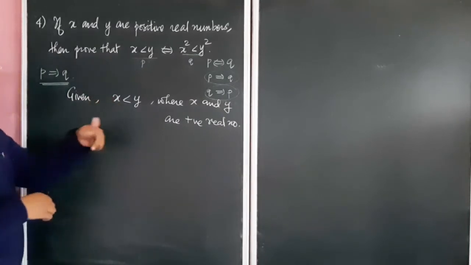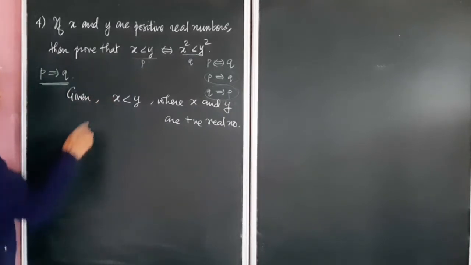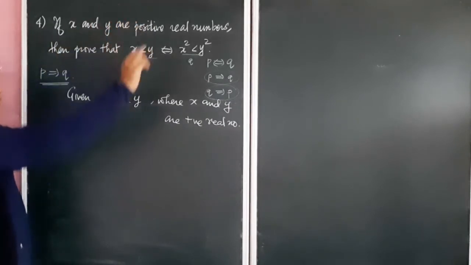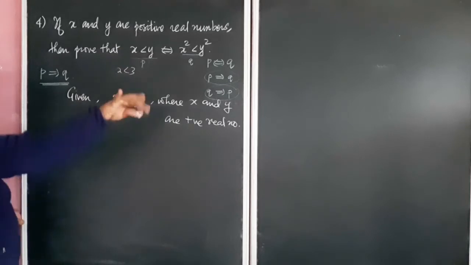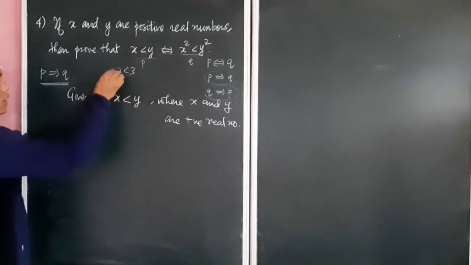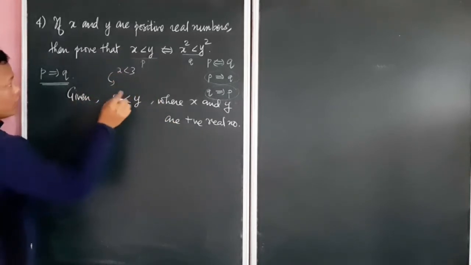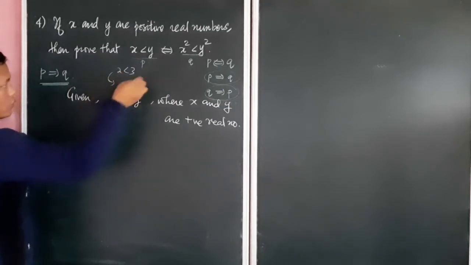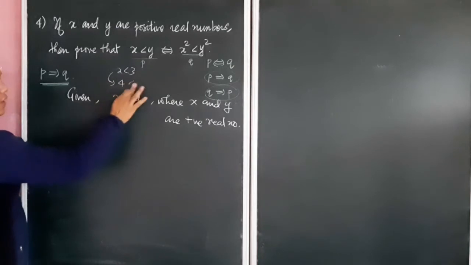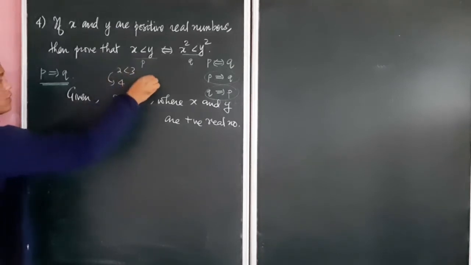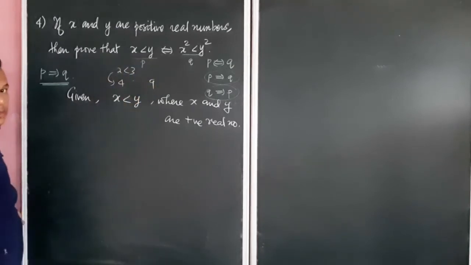Now let us square both sides. You can think of any 2 positive numbers such that this happens. For example, 2 is less than 3. Let us square it. After squaring, this becomes 4, and this becomes 9. The sign will still remain the same.